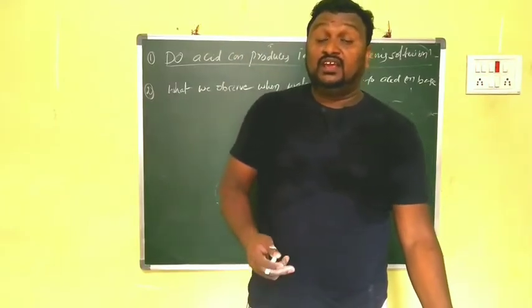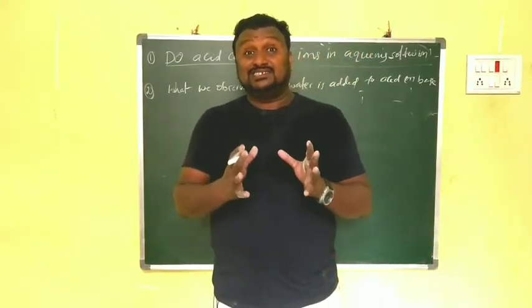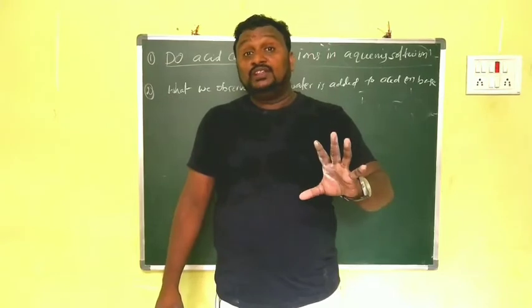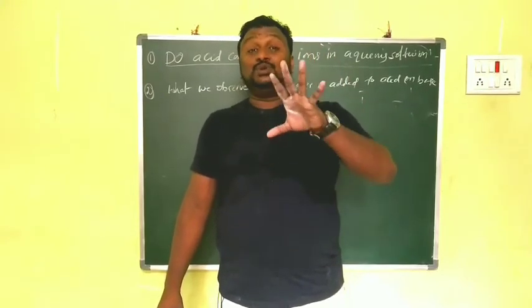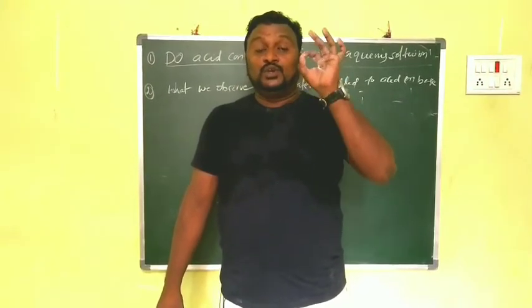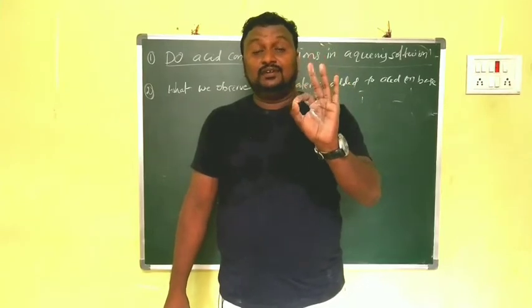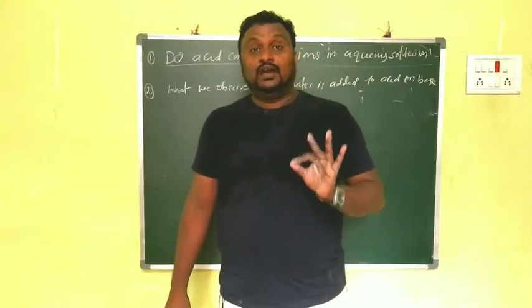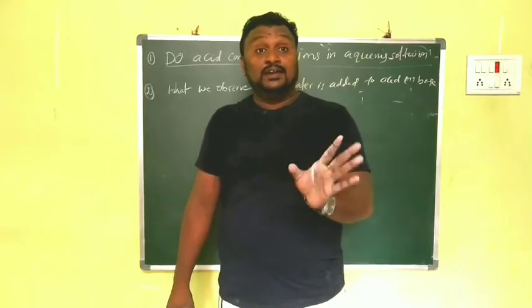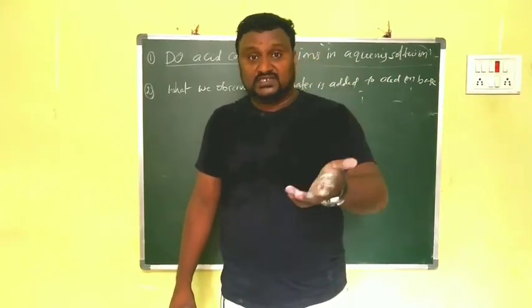It is a very important and interesting topic, children. While doing the chemistry lab, you must remember this: you must add acid to water or base to water, but not add water to base.